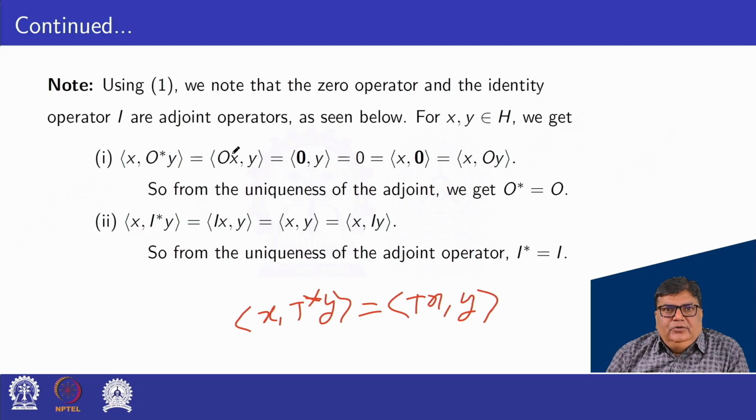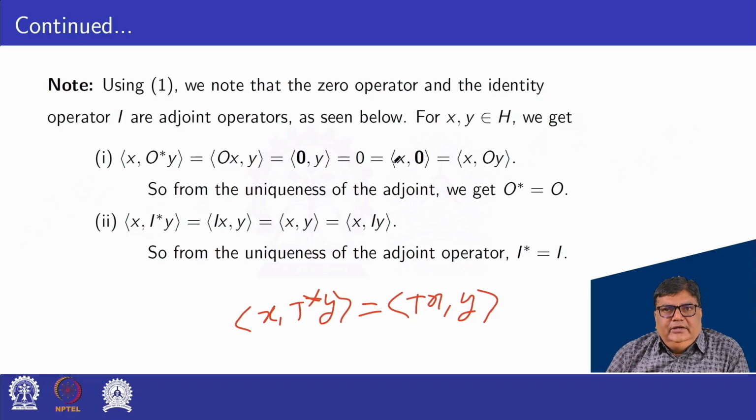Here O is the zero operator, so Ox is the zero vector. So this is the inner product of 0 and y, that is 0, and 0 can be written as the inner product of x and the zero vector.